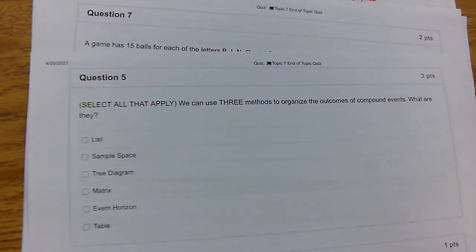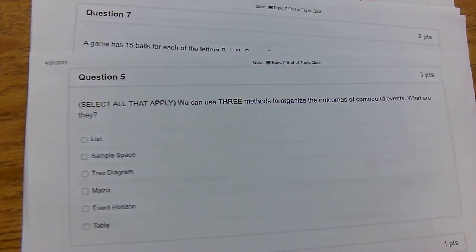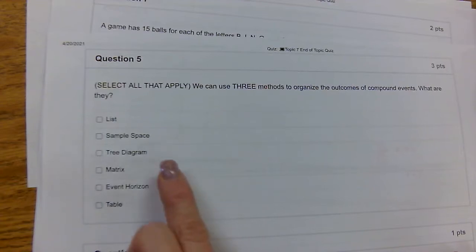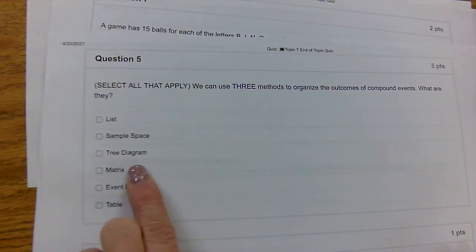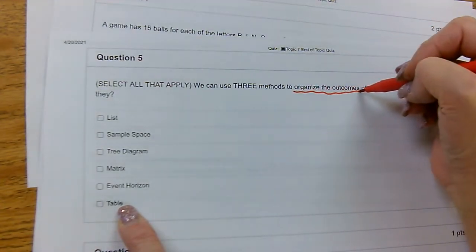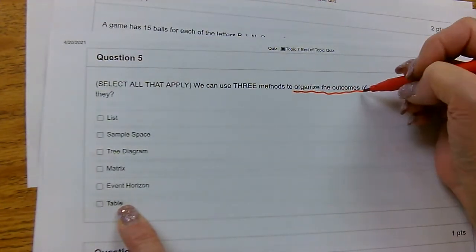Number 5. Select all that apply. We can use 3 methods to organize the outcomes of compound events. What are they? Alright. Is it a list, a sample space, a tree diagram, matrix, event horizon, or table? Now, when you listen to this, it's how you organize the outcomes of compound events.